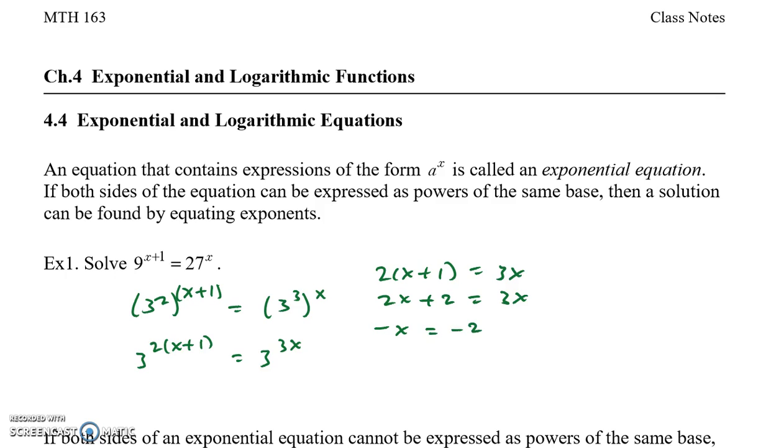That would give us negative 2 on the right, and then divide both sides by negative 1, obtaining x equals positive 2. So the solution to the equation is x equals 2. Essentially, this is telling us that 9 to the 2 plus 1, or 9 to the third power, has the same value as 27 to the second power.